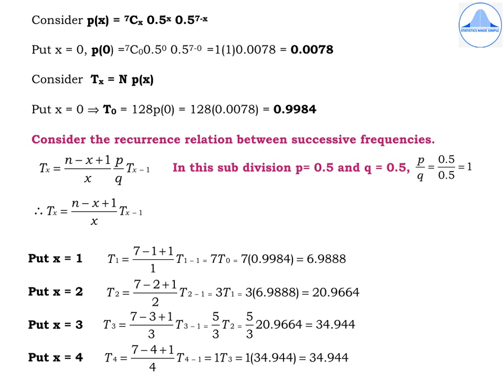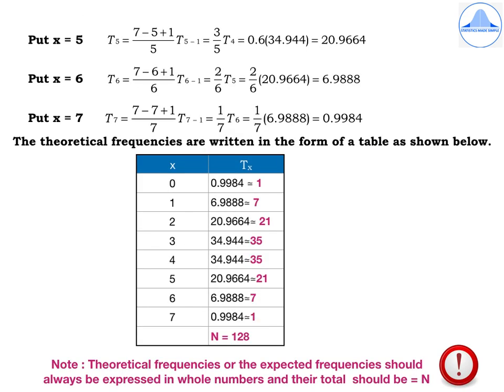Similarly, put x equal to 3. So you'll get T3 is equal to 34.944. Put x equal to 4. T4 is equal to 34.944. When x is equal to 5, we get T5 is equal to 7 minus 5 plus 1 by 5, T5 minus 1, which is equal to 3 by 5 T4, which is 0.6 into 34.944, which is 20.9664.